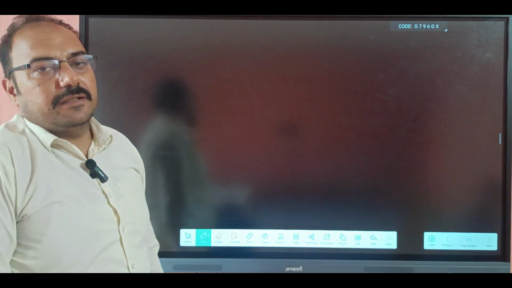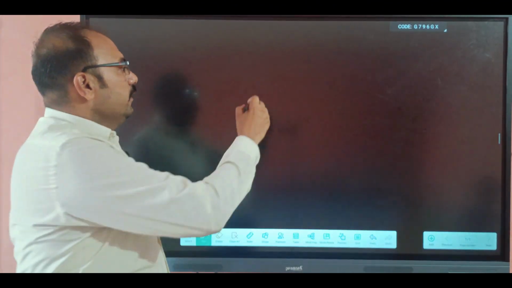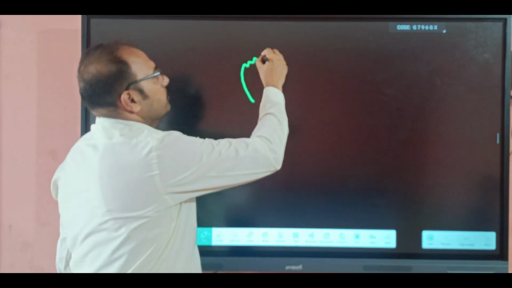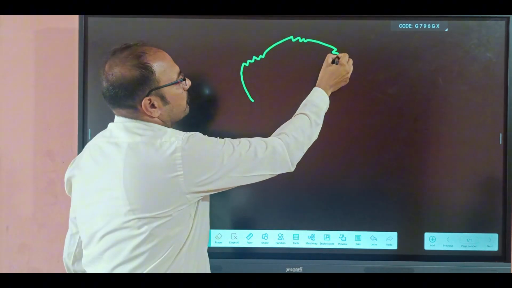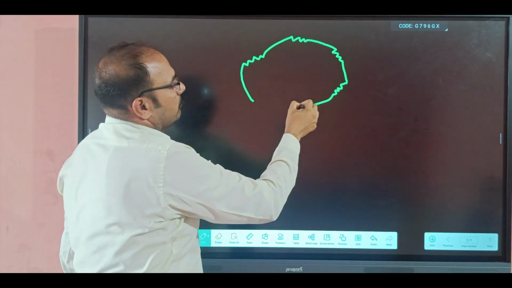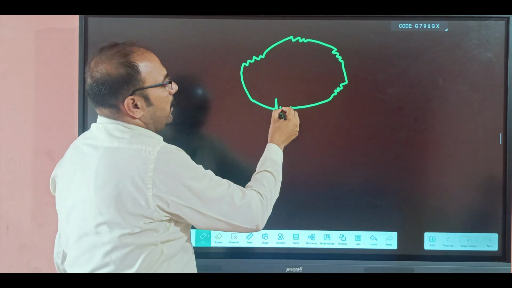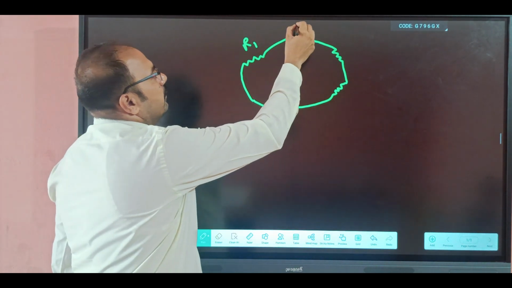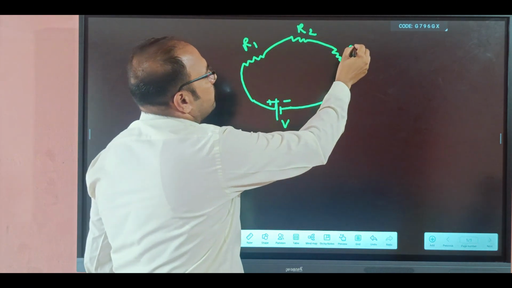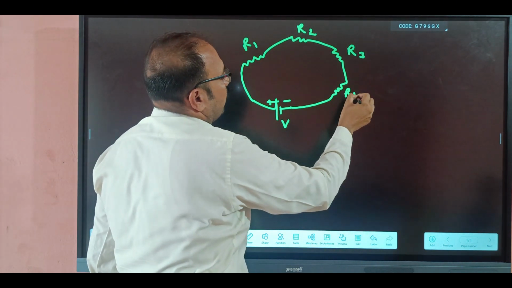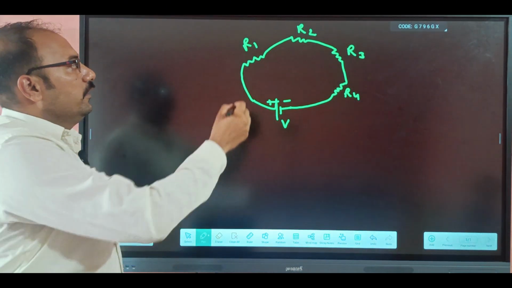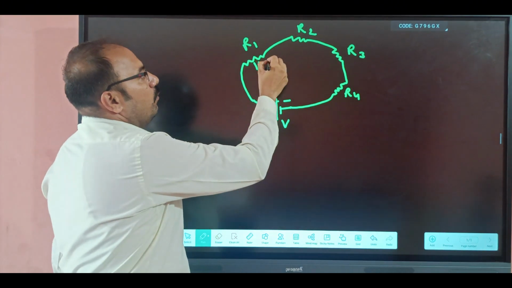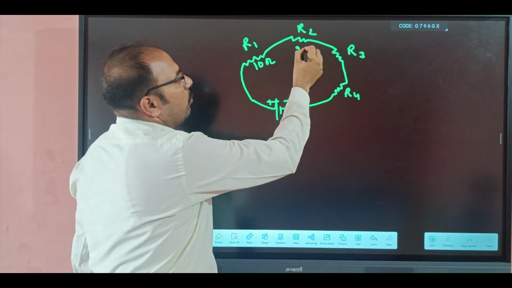In the previous lecture I told one numerical: the applied voltage is V and the resistances are R1, R2, R3 and R4, with values 10 ohm, 20 ohm, 10 ohm and 20 ohm.